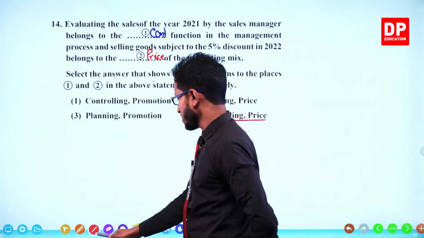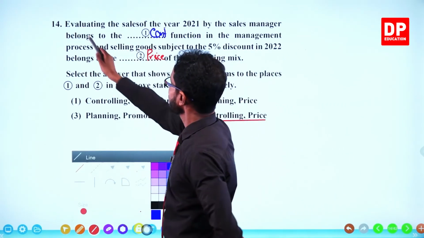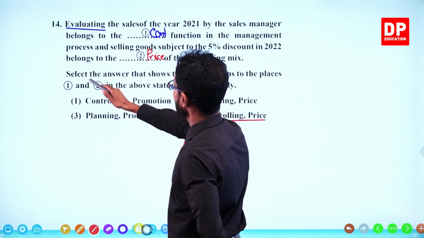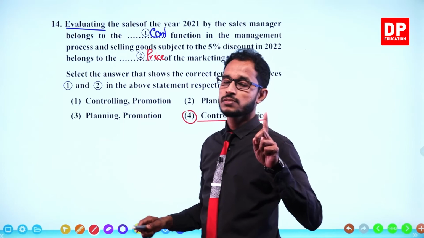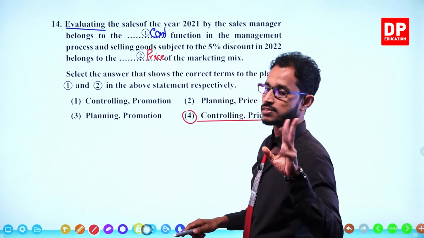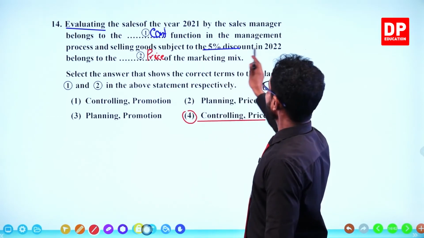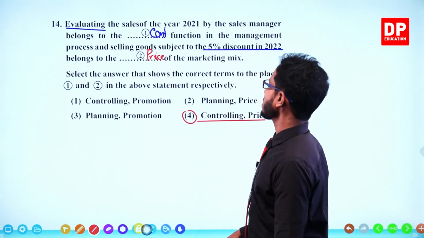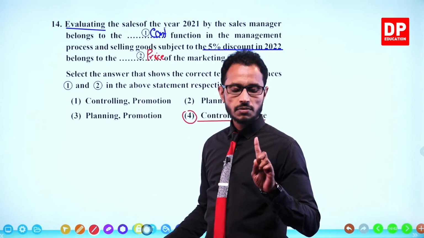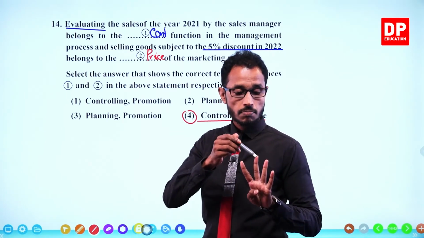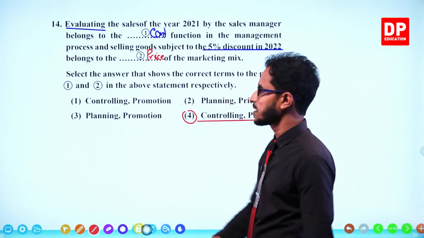These are the keywords for controlling: evaluating, checking, correcting errors. Discounted prices always come under product, price, place, promotion. Product, price. Next question.